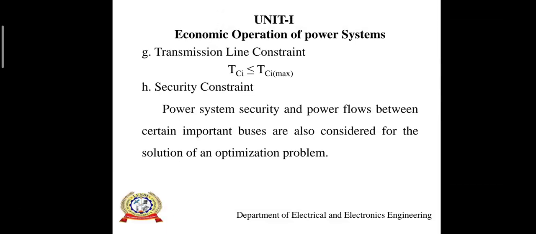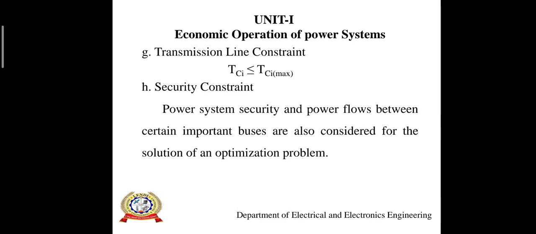So what is the transmission line constraint? The active and reactive power flowing through the transmission line is limited by the thermal capability of the circuit. So here the thermal capability is important for transferring the real power or reactive power. The thermal capability is indicated with TC.